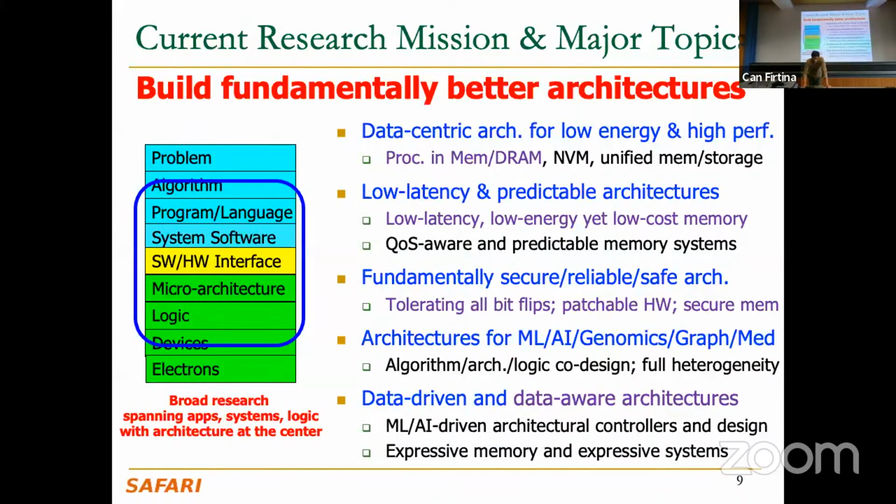Current research mission and major topics: build fundamentally better architectures. We are talking about the many different directions in computer architecture, such as data-centric architectures for low energy and high performance. I mentioned earlier processing in memory or processing in DRAM.